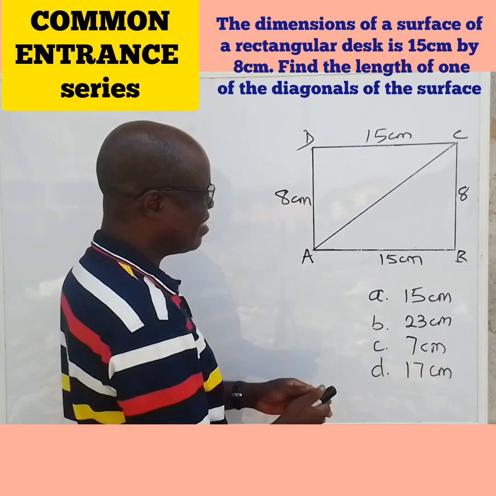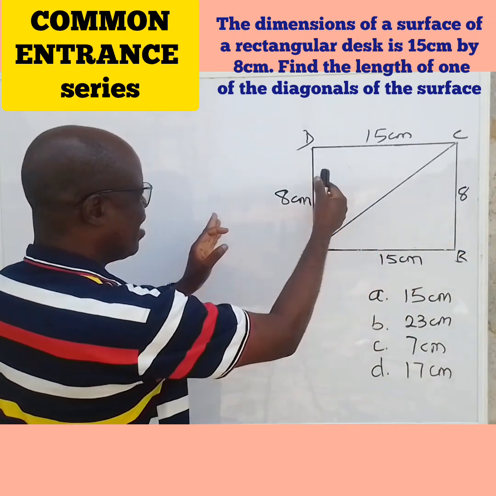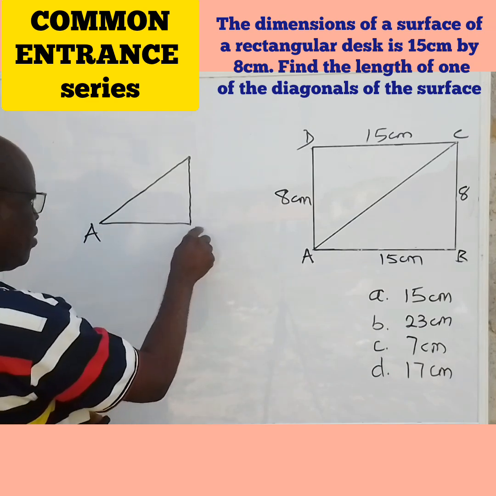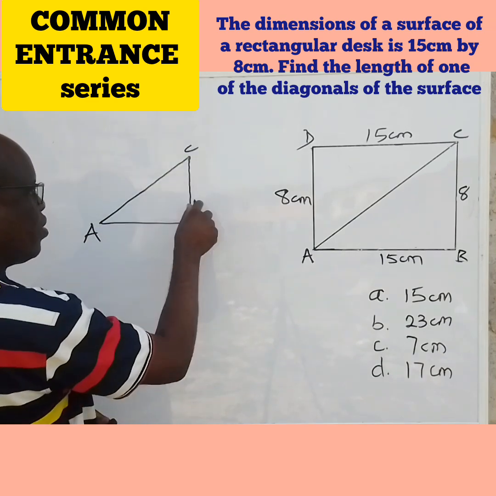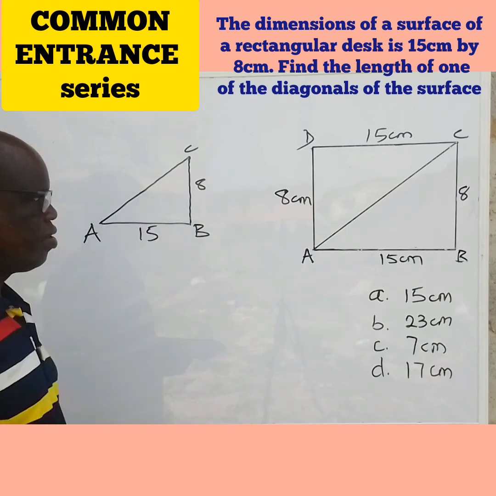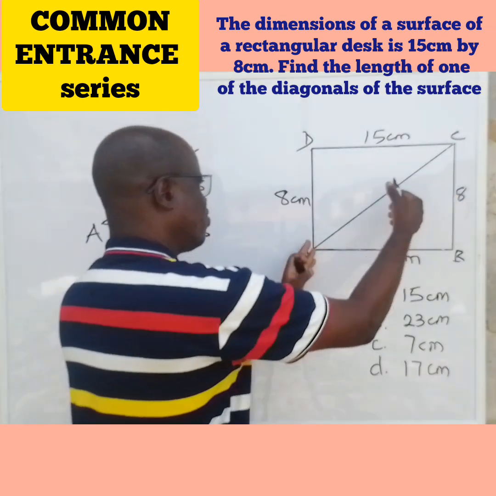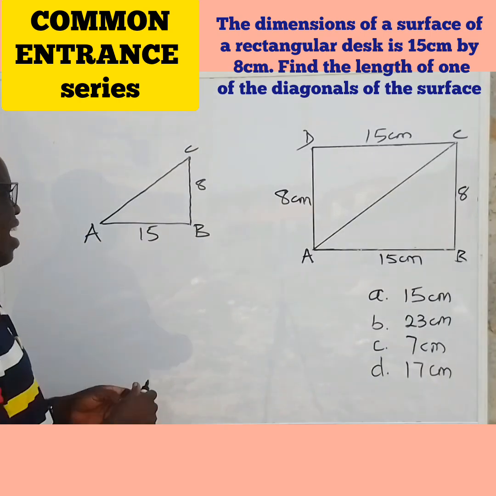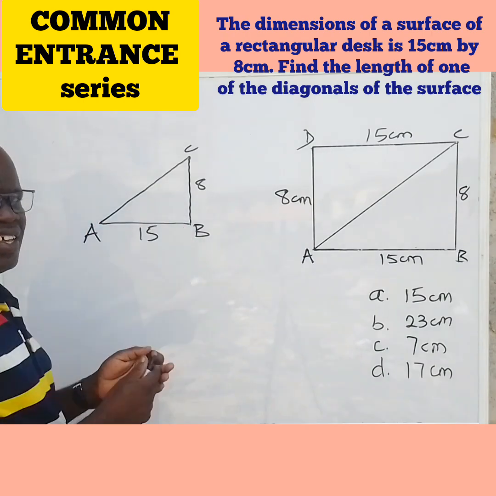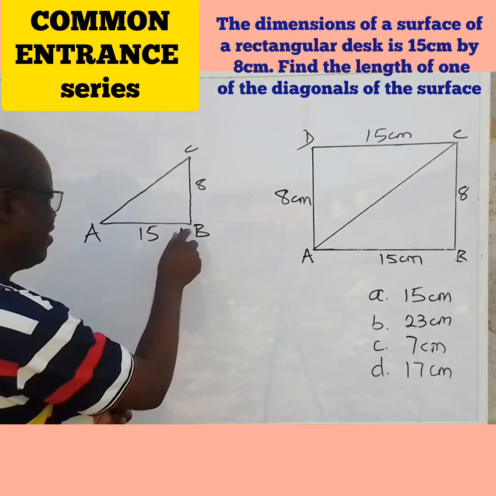Now, don't forget that you can bring this one out and bring it to this place, and it will look like this. So you have brought this one out here, and then you are asked to find AC. This is a right angle triangle.